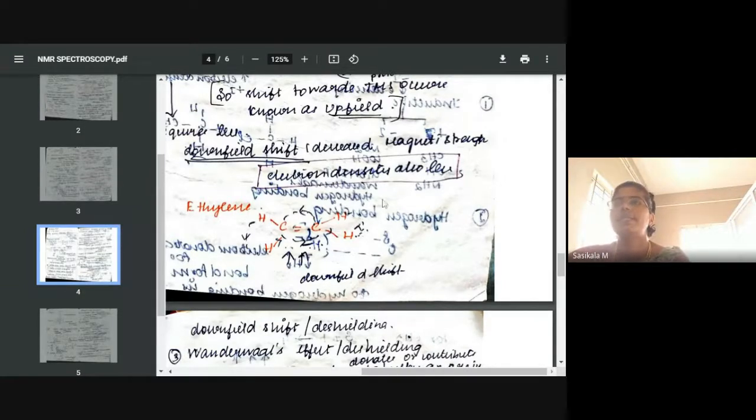So let's take the example of ethylene. Here you can find the protons, CH2 double bond CH2. You have to write the stereochemical formula; I already said we have to consider the stereochemical formula of the molecule. Now see where the electrons are present. At the C double bond C, the pi electrons cause the diamagnetic field.